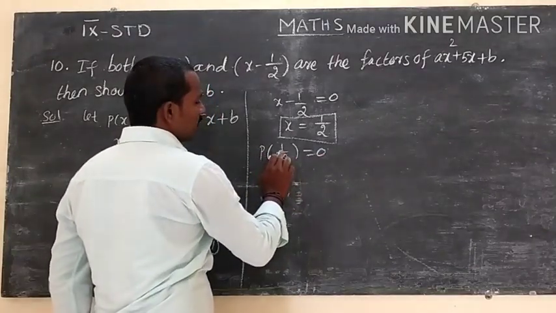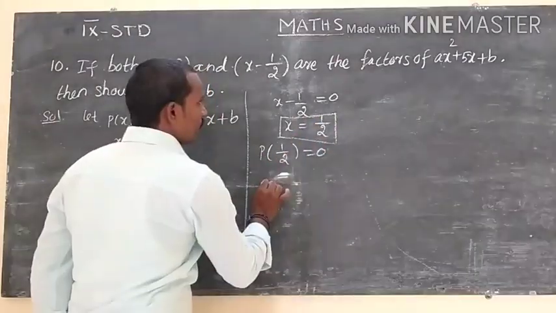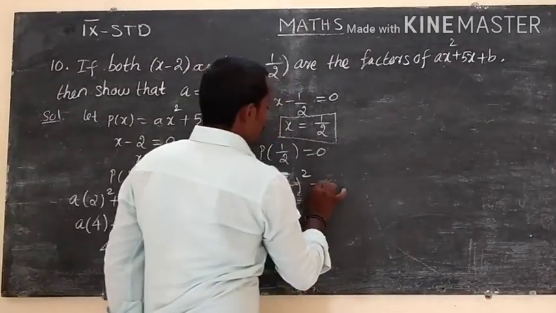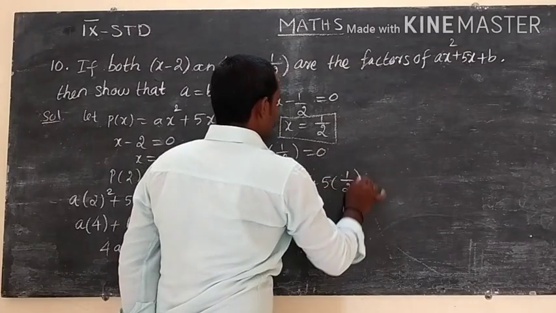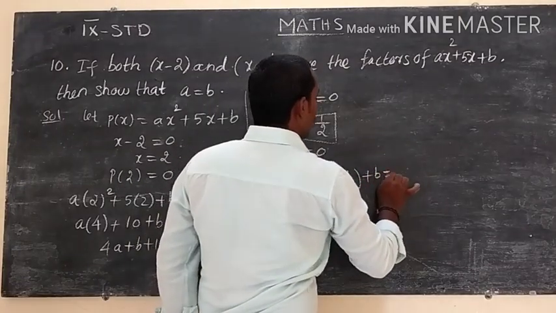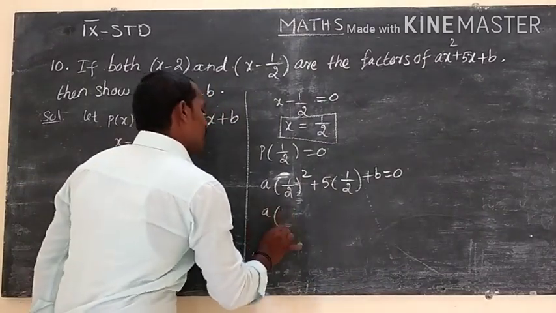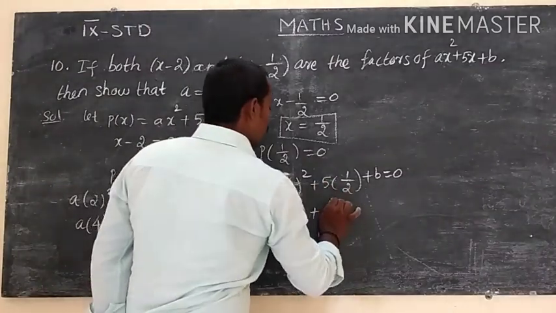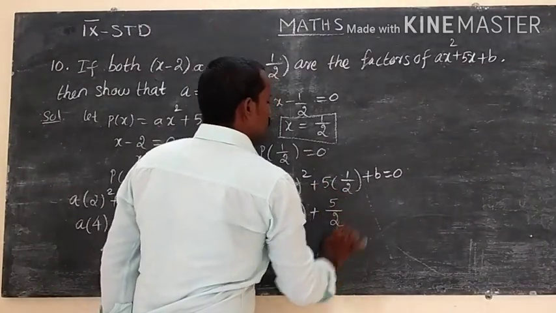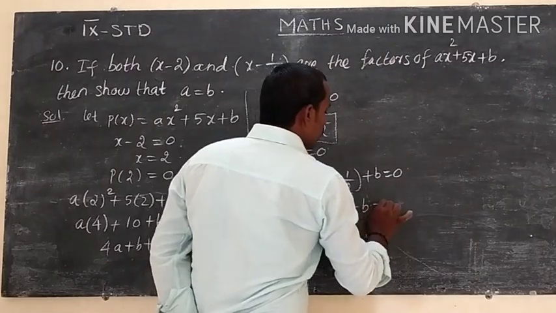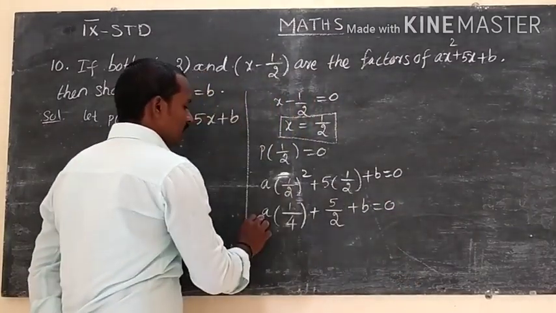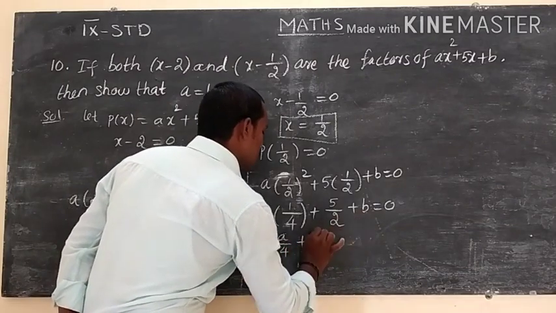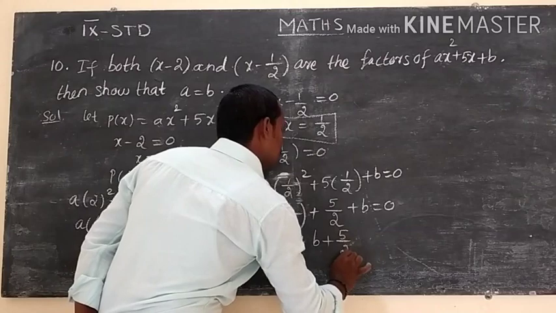So now replacing x with 1 by 2: a into (1 by 2) the whole square plus 5 into 1 by 2, plus b equal to 0. a into 1 square is 1, and 2 square is 4, plus 5 divided by 2, plus b equal to 0. So a by 4 plus b plus 5 by 2 equal to 0.